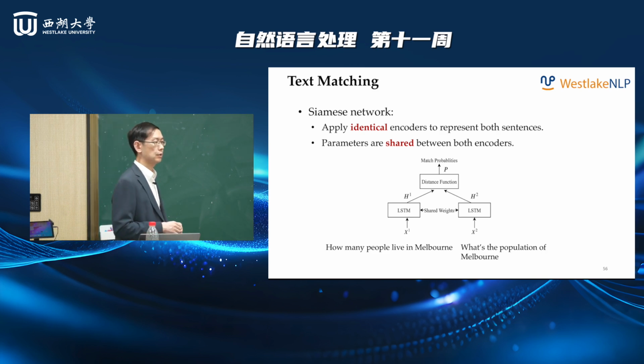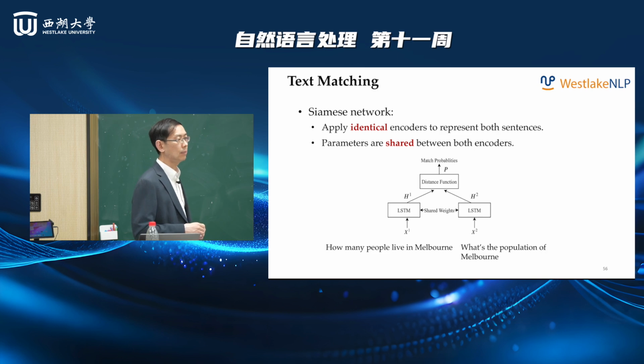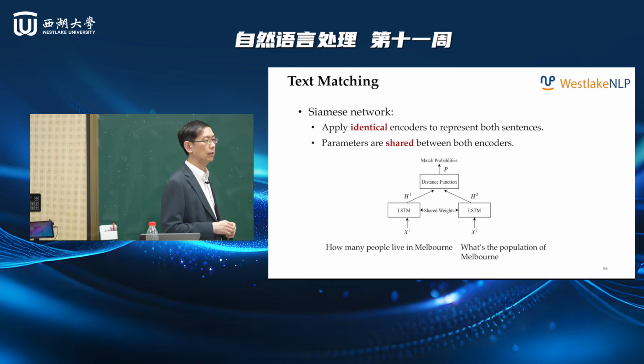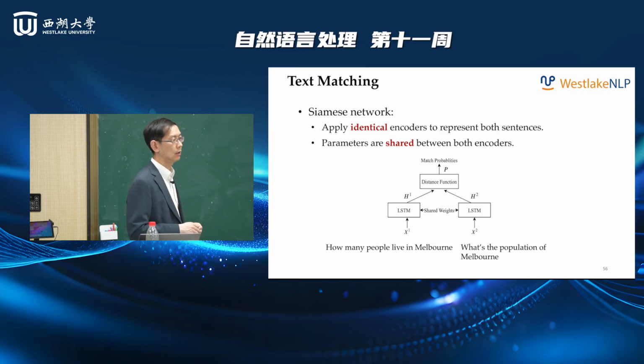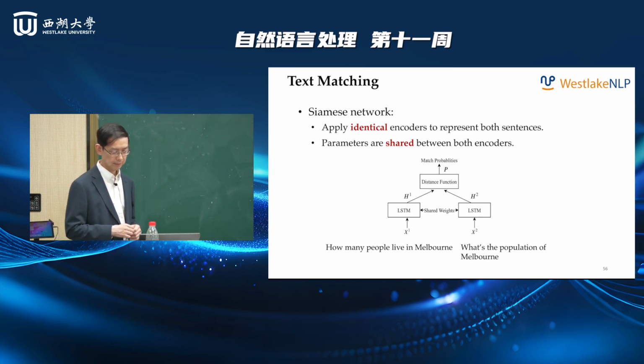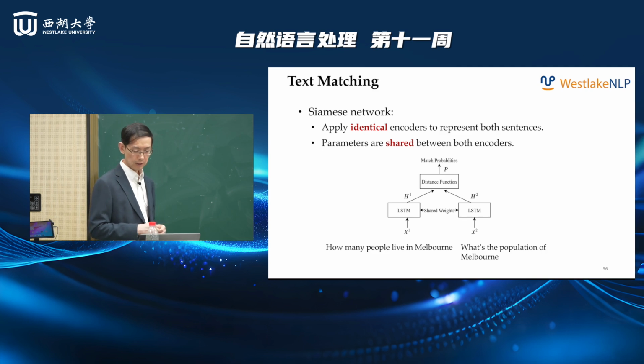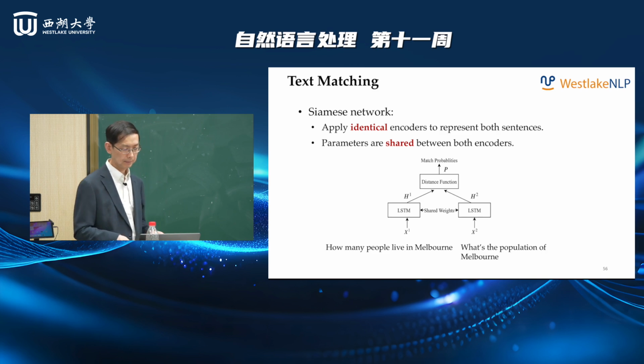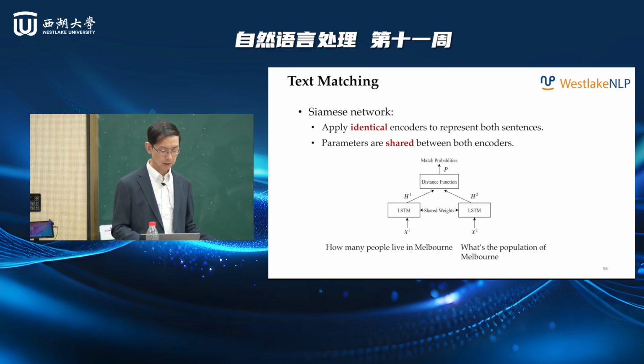When you have two texts, you apply an identical neural network or sequence encoder to represent the two texts. Here I just give you an example of BiLSTM. And then you have a hidden state for the first one, you have a hidden state for the second one. You put them together and calculate a matching probability. That's a Siamese network.